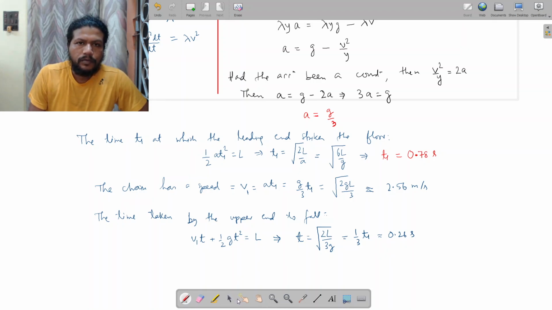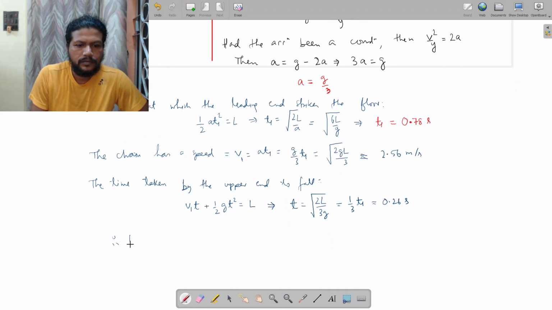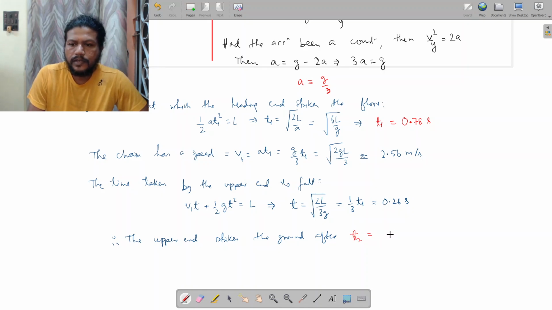Therefore, from the beginning, the upper end is going to strike the floor at total time T2, which is 0.78 plus 0.26, around 1.04 seconds after the start of the process.